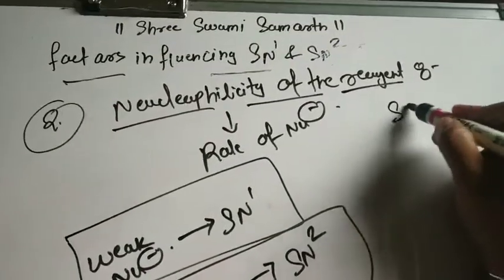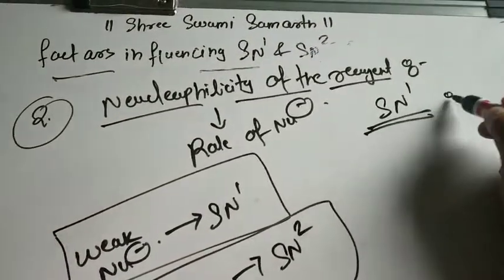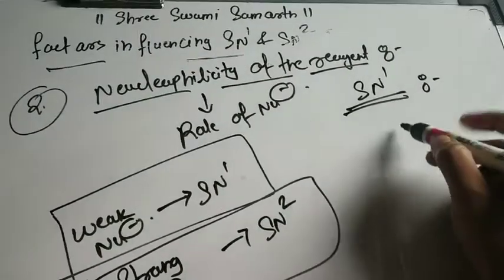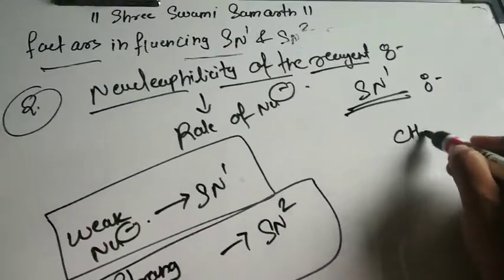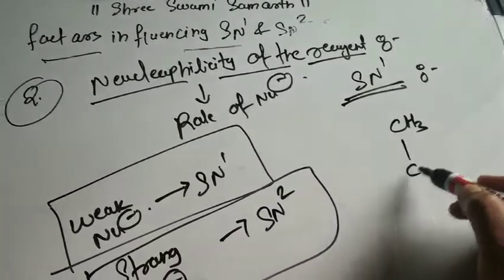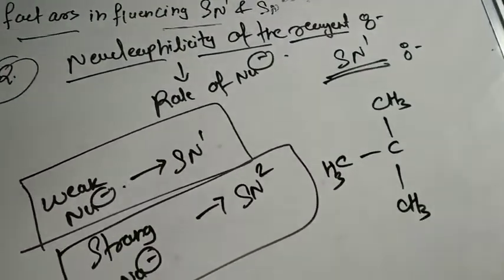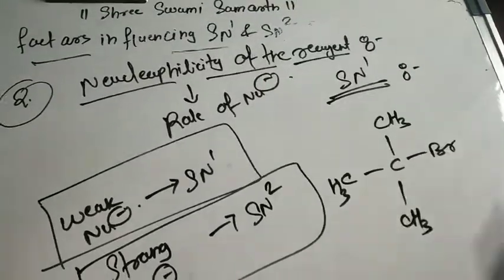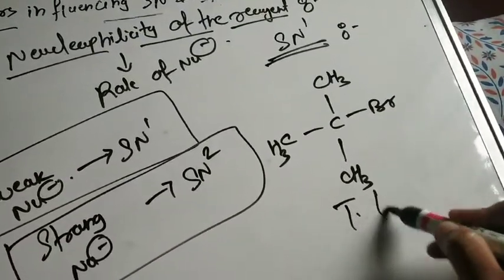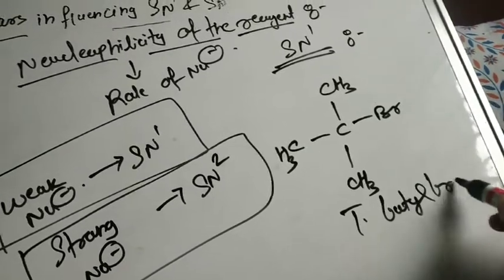What is the SN1 substrate or the reactant? In the SN1, the substrate is CH3 and CH3, right? And this is Br. This is the tertiary butyl bromide.